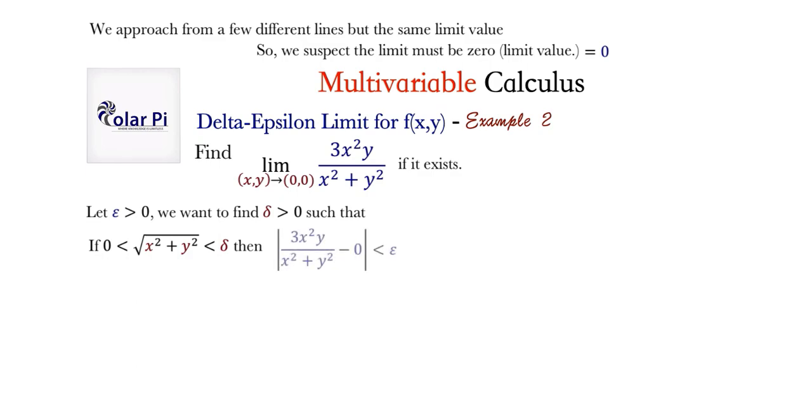And if you want me to spell it out the way we did in example 0, for every epsilon greater than 0, we want to find a corresponding delta greater than 0 such that if 0 is less than the square root of x minus a squared plus y minus b squared is less than delta, then the absolute value of f of x minus L is less than epsilon. That was the formal definition that we gave in example 0.